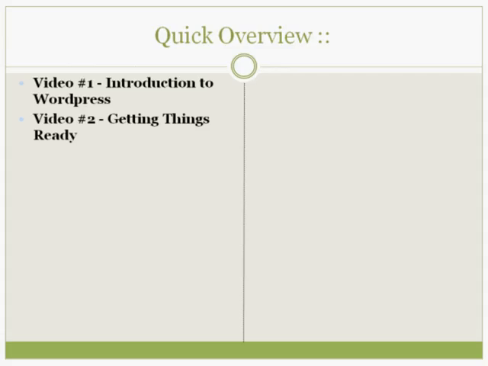Now, video number 3 and 4 are about installation. I provided video number 3 and 4 as an option. In video number 3, we're going to talk about the 3-step installation using Fantastico, which is a product that is usually attached to cPanel hosting. The cPanel, which most web hosting companies have, if you have that, then you can use video number 3.